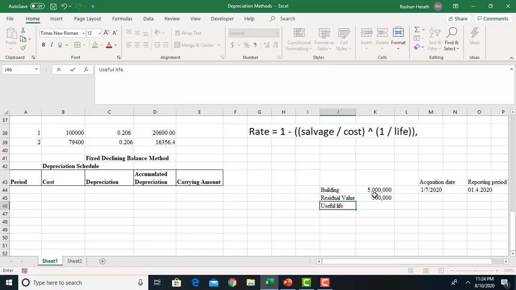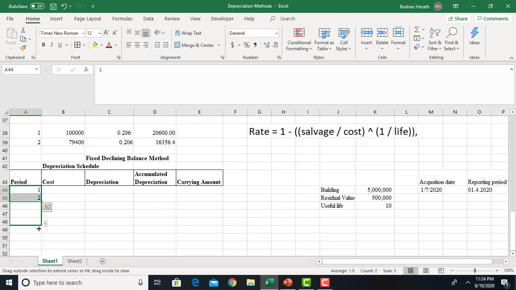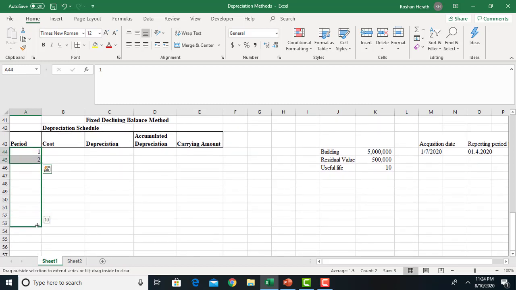Then you have the useful life. Let's say that you expect to use it for a period of 10 years. Then when you get the period, you can start with 1, 2, and here, since you are acquiring it in the middle of the year, definitely you may have to go for the 11th year as well. Since you purchase it on 1st of July 2020, even in the 11th year, you may have to go for another 3 months.